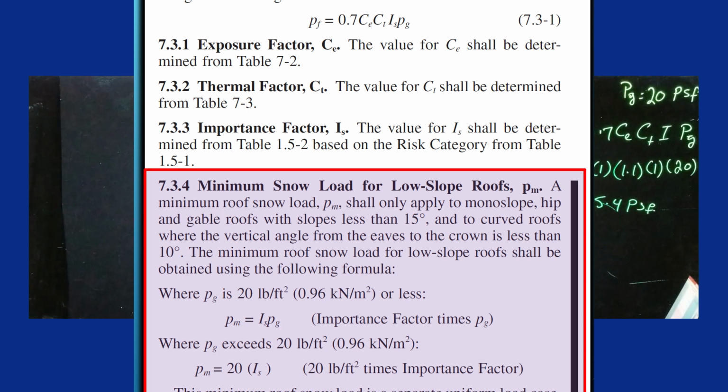Therefore, it says if it's less than 15 degrees and PG is equal to 20, the minimum snow load for a low slope roof shall be obtained using the following formula.